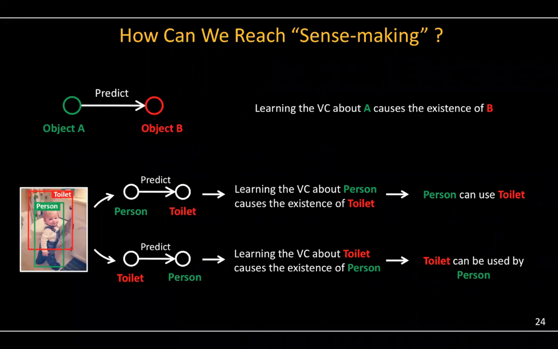Somehow like this. So the example here is the person and the toilet. In learning the visual concepts about a person, we know that the person causes the existence of the toilet. So you can see what the point of visual concepts is in this paper. It basically means context prediction, and behind the context prediction, it means that because one object causes another object, we can use this to predict the context.